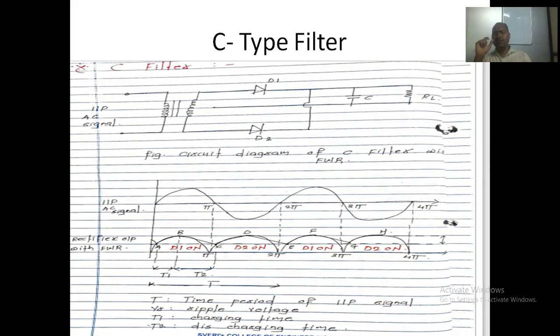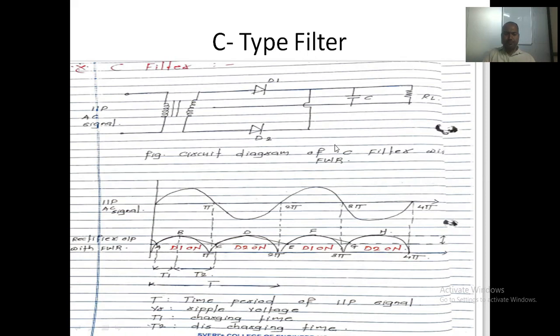What are the input and output of this configuration? For this configuration we use a capacitor as the load, meaning the load across this capacitor is the output of this rectifier configuration.